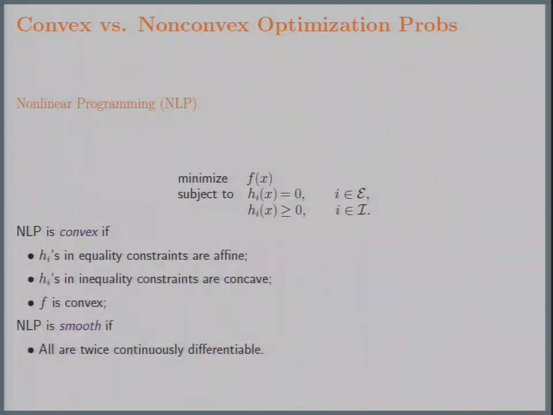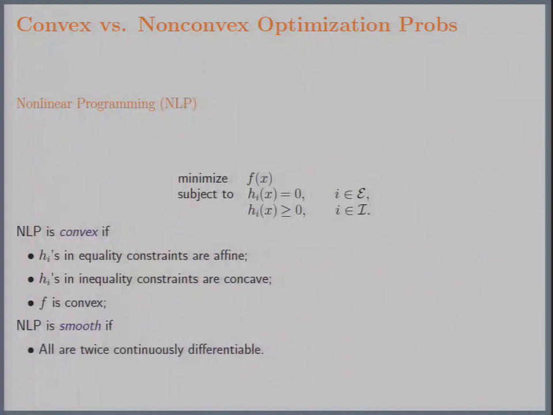So if we extend our class of standard problems to include some with equalities and some with inequalities, a problem is convex if whenever you have equalities, it has to be an affine function. In other words, a linear function with some right-hand side that doesn't have to be 0. So just linear constraints.